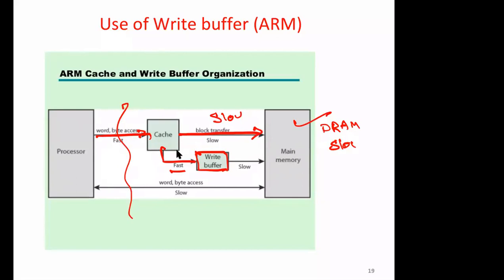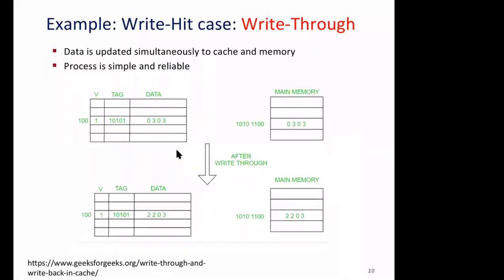Otherwise the processor would have waited until it's written here. Now the processor is freed up, and then from the write buffer it can be written to main memory. This speed is slow, but it doesn't matter, because since it's written in the buffer, the processor can move ahead. All right, so let's look at the write through cases.